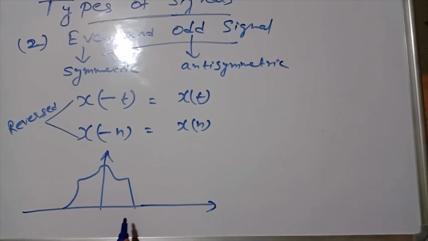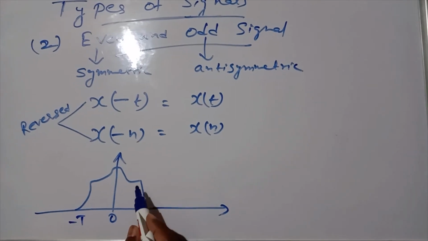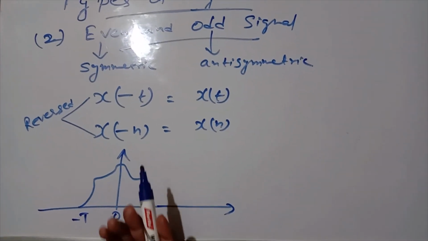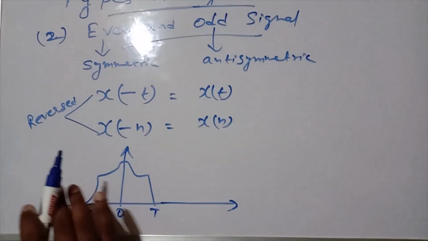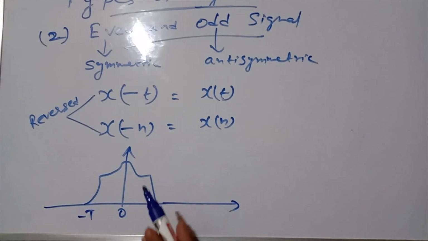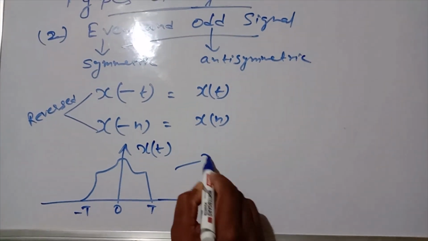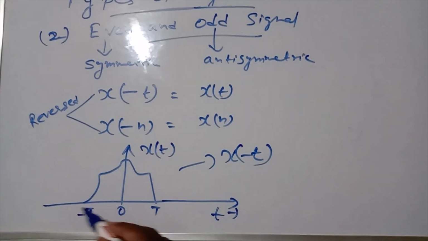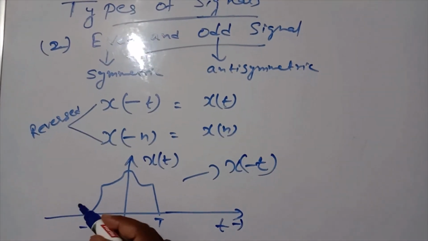If we reverse the time from the positive side to the negative side or the negative side to the positive side, that means t and x of t, if we take x of minus t, we will get the same signal like this only. So these kinds of signals are called even signals.